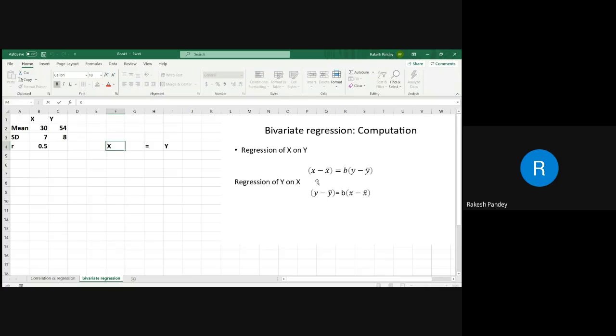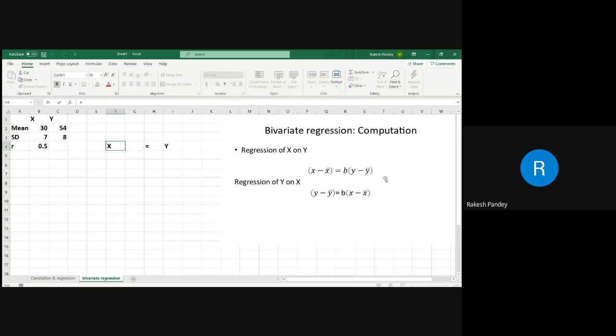Then x is equal to by, and when this x bar comes to this side, by plus x bar minus b y bar. And b is a constant, mean is also a constant. So x bar minus b y bar will be a constant. This constant may be either plus or minus.